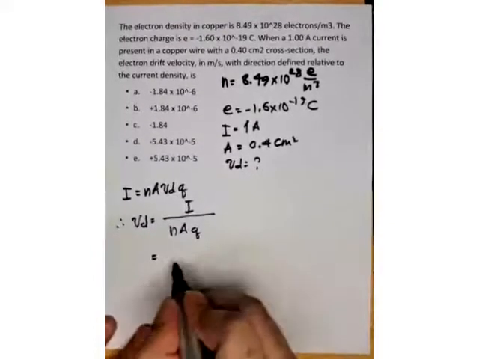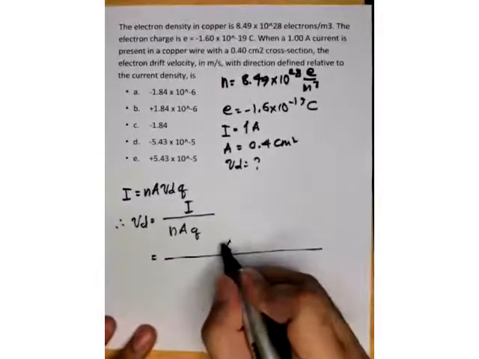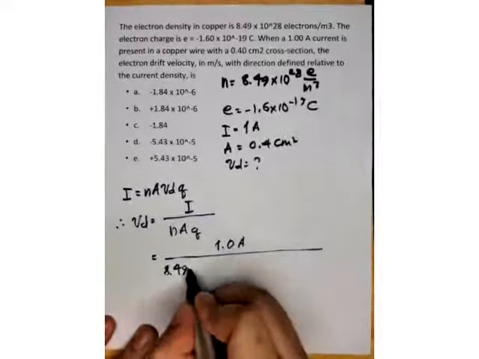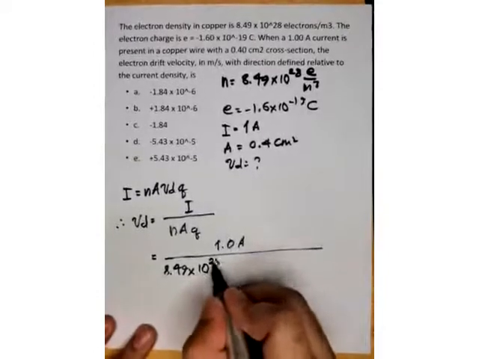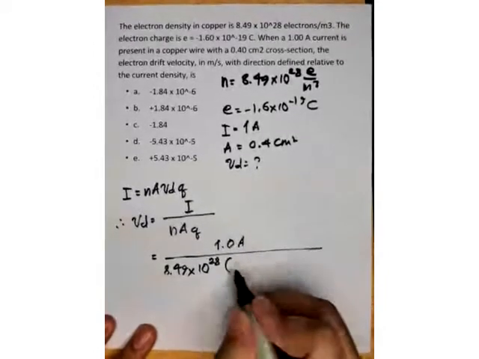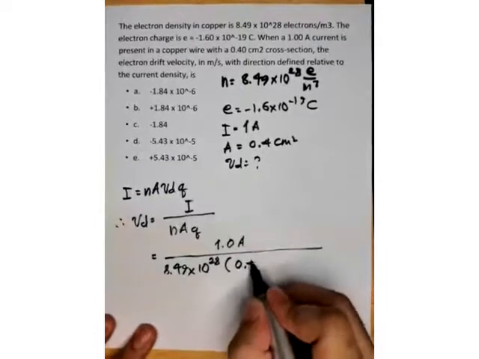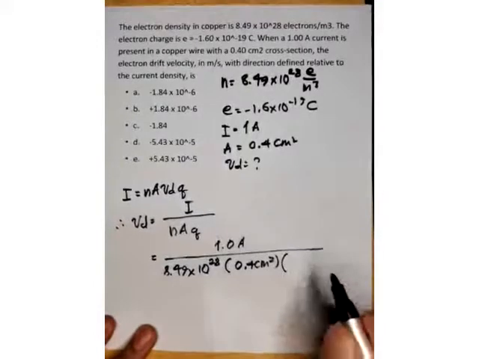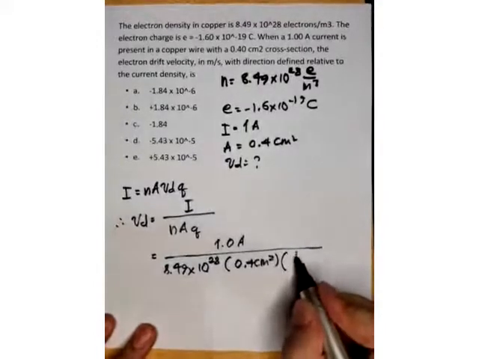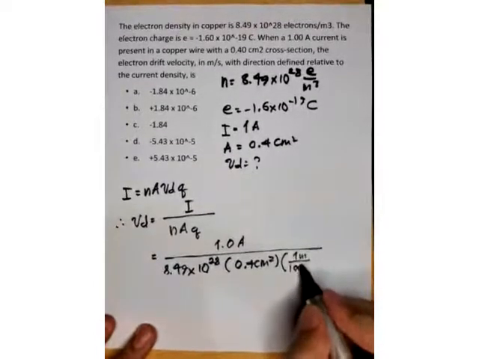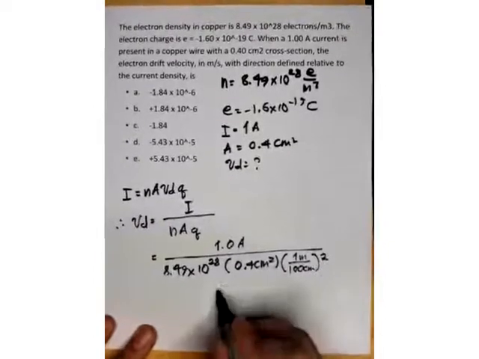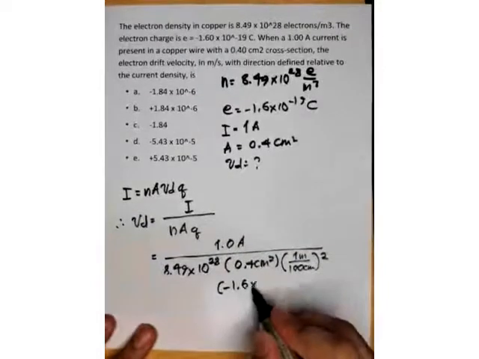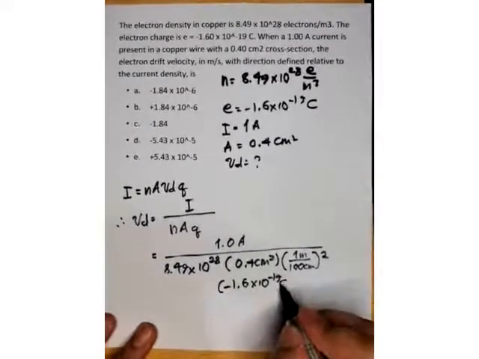So that's equal to 1 ampere over 8.49 times 10 raised to 28 times 0.4 cm squared. Convert natin, for every meter, meron tayong 100 cm squared, times yung charge ng isa, negative 1.6 times 10 to the negative 19 coulomb.